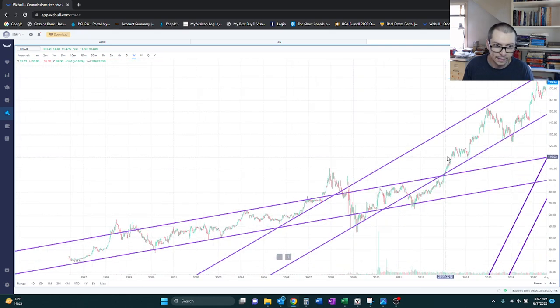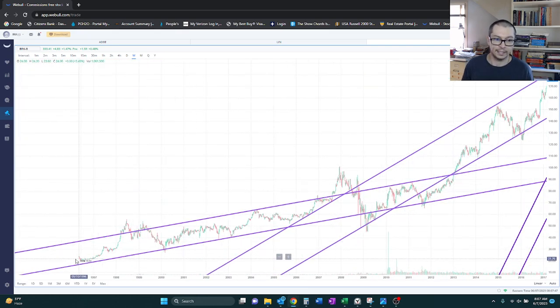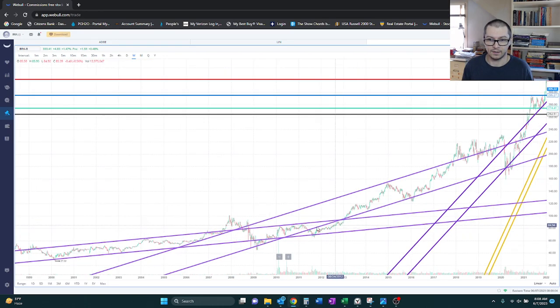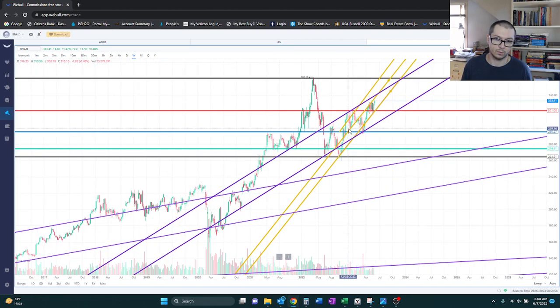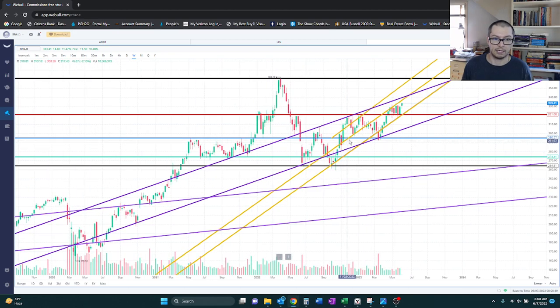Prior to that, from the very beginning, 1996, all the way up to about 2007, maybe 2008, it was in an uptrend channel too, where it was maybe getting 10, 15%. Then it all of a sudden accelerated. Then we saw a new acceleration, which we're currently in.